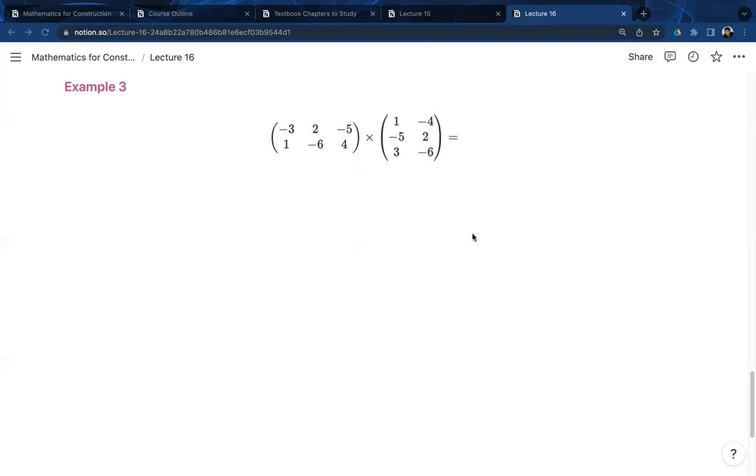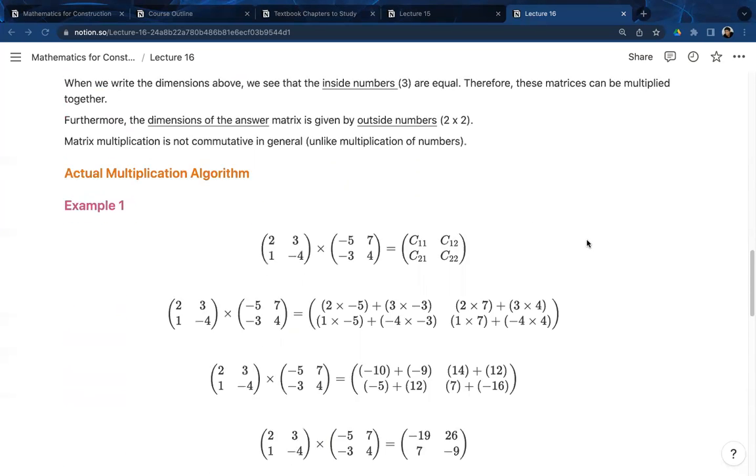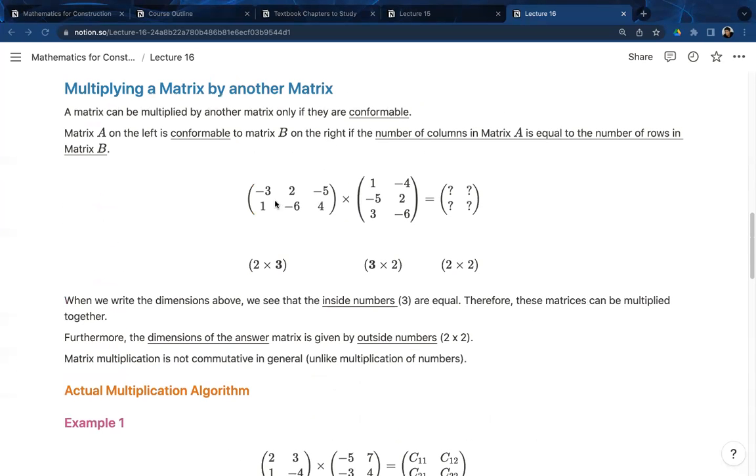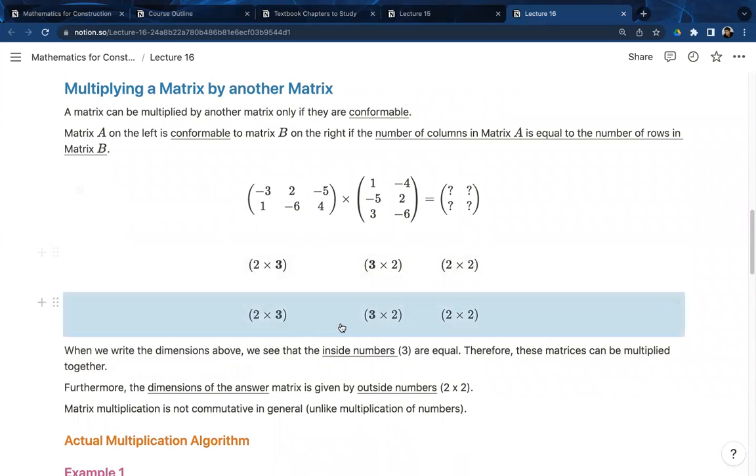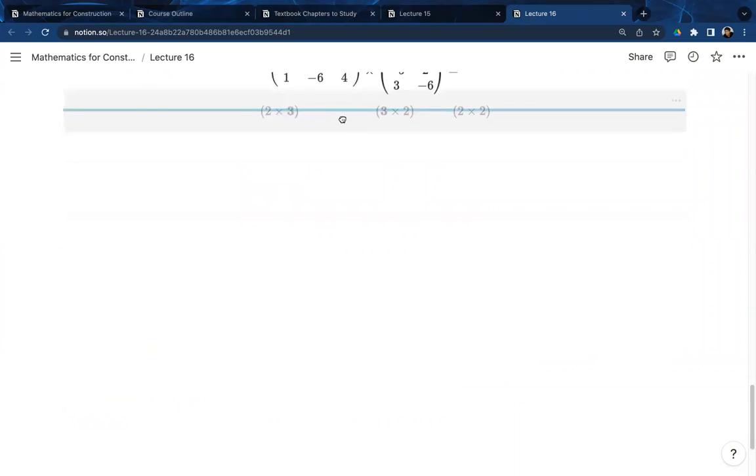These two matrices have different dimensions. So you might think to yourself, well, I can't really multiply them. But these were the two matrices up here. Pull this down here.